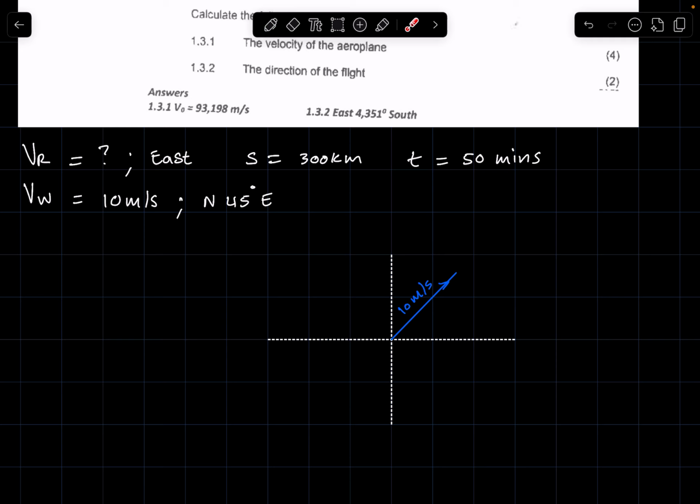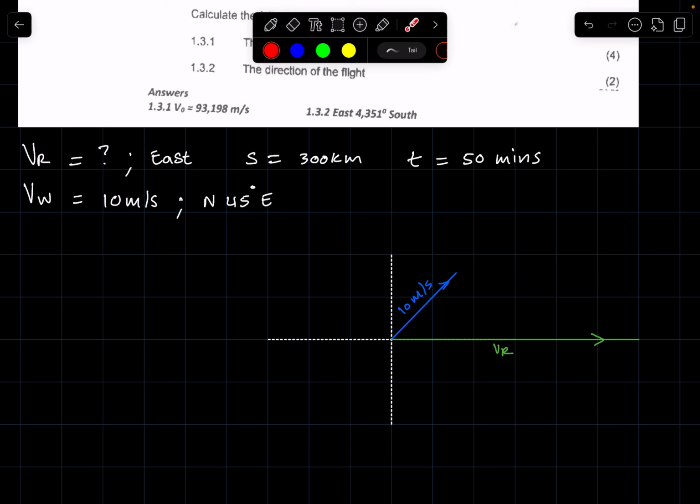And then instead of drawing VO next, you can simply draw VR, because we know the direction of VR. The direction of VR is directly east. So VR, we've been told, is in this direction. So this here is VR.